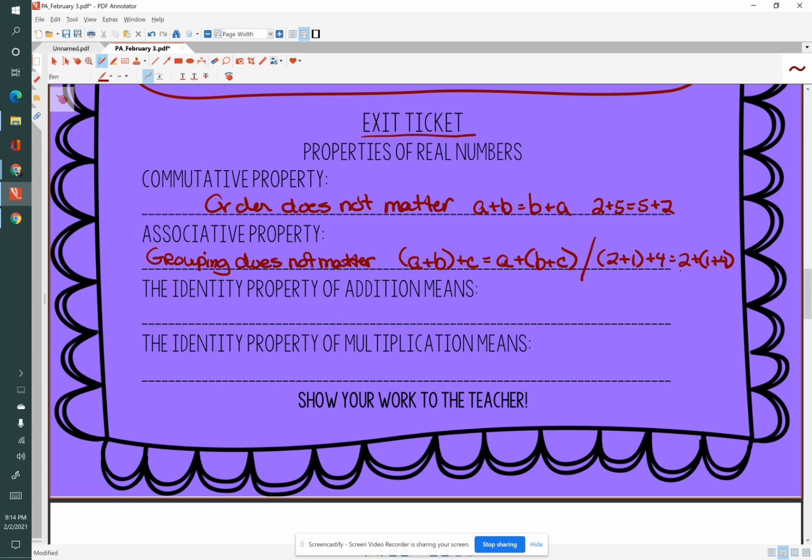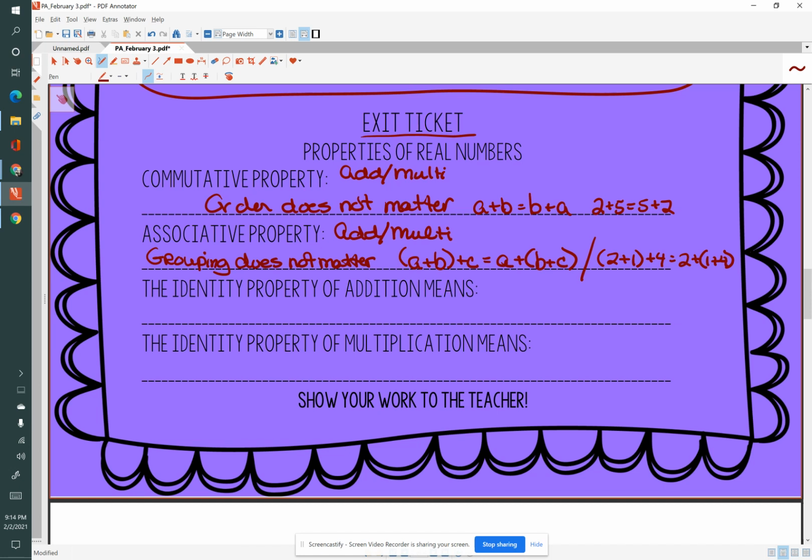Either way, we're going to have 7. And remember, the commutative property works for addition and multiplication. There is no commutative property of division or subtraction, and the same with the associative property that works for addition and multiplication.